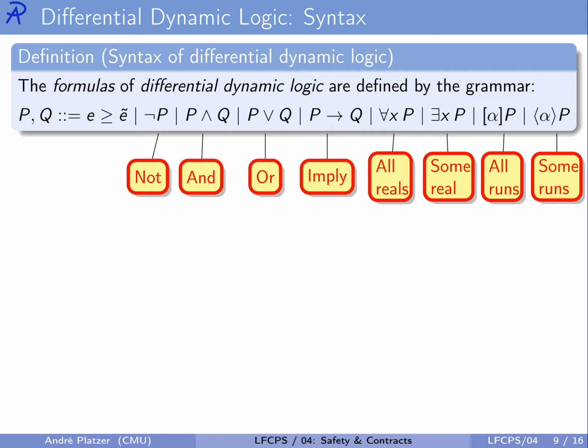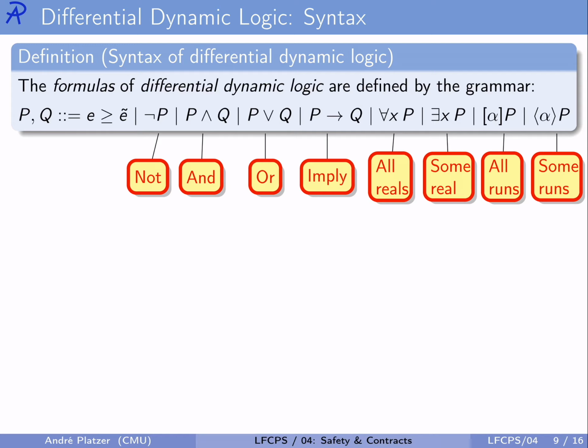In particular, we will retain the capabilities of universally quantifying variables to say formula P is true for all real values of x, and existentially quantifying them to say that formula P is true for some value of x. This is really first-order logic of real arithmetic, except now the formulas P and Q are going to be any arbitrary differential dynamic logic formulas.